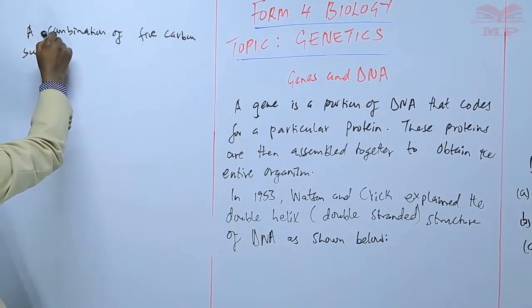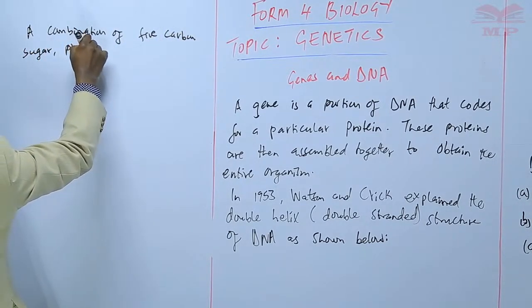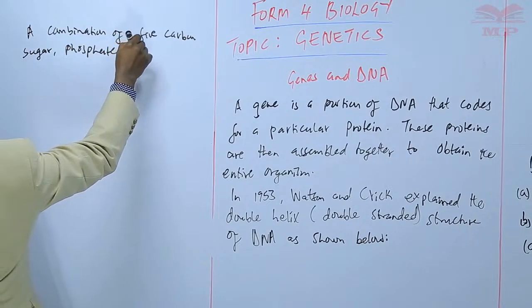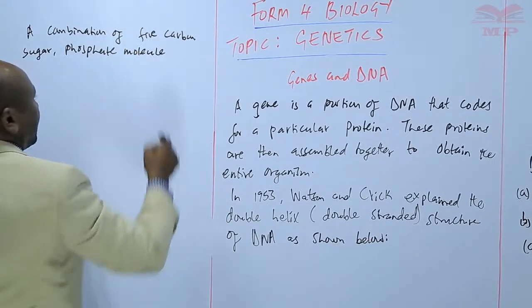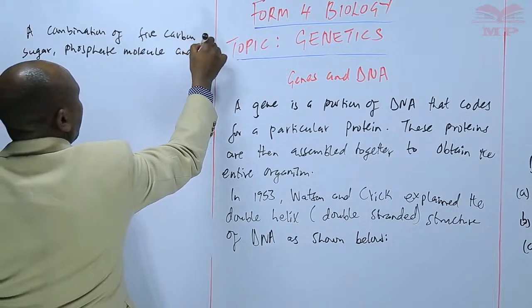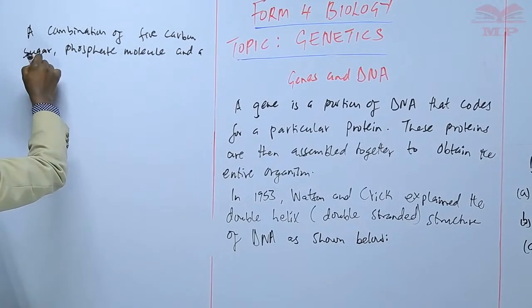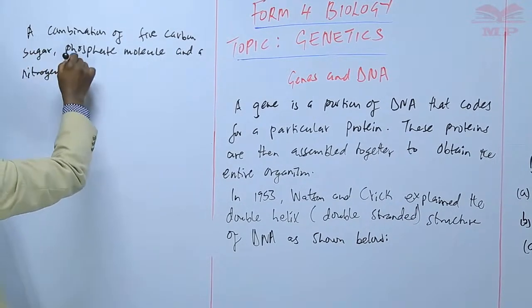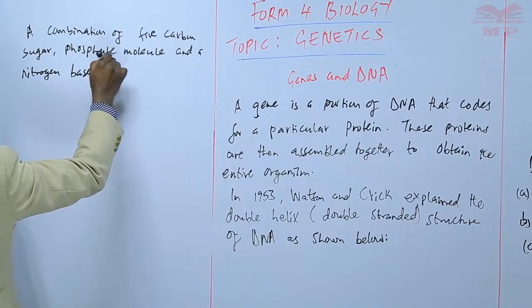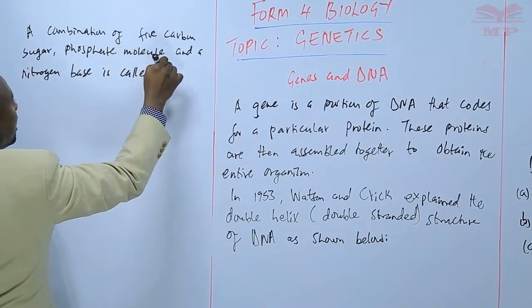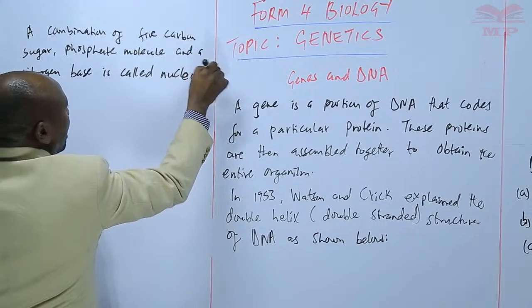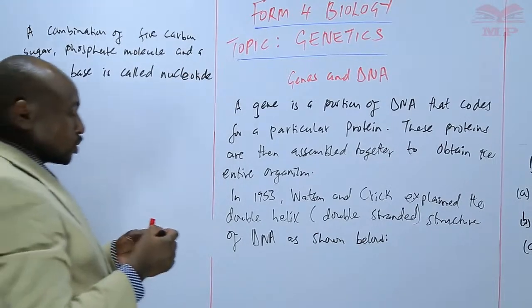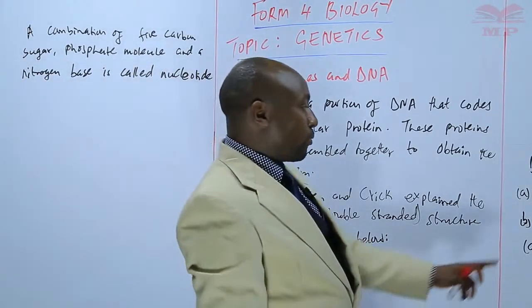A five-carbon sugar, phosphate molecule, and a nitrogen base is called a nucleotide. That is a combination of each of the 3 components.